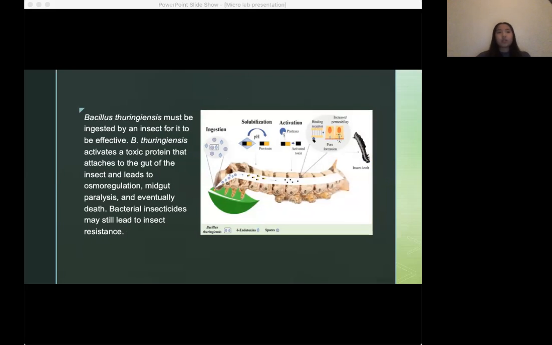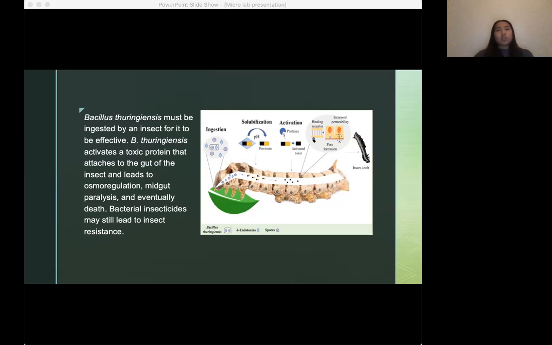Here is an example of one of the most common bioinsecticides used, Bacillus thuringiensis. All bioinsecticides must be ingested to be effective. In this depiction, you see a caterpillar as its susceptible host, but Bacillus thuringiensis can target more than one insect, such as nematodes, true bugs, moths, or butterflies that are susceptible and that are pests to these agricultural crops.